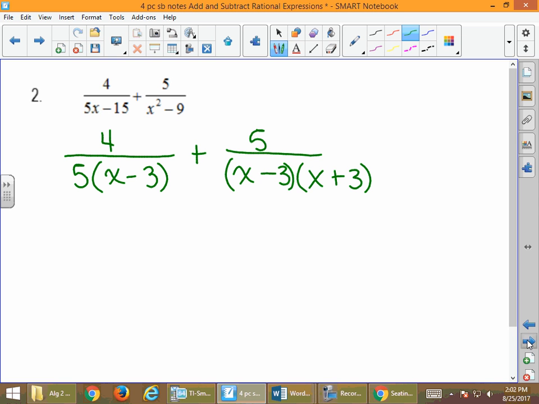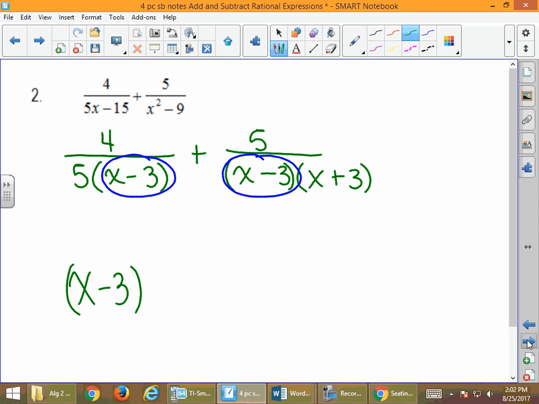Now, when we're trying to find our least common denominator, we look at both denominators and we say, do we have anything that's in both of them? So as you look up here, in both of them we've got an x minus 3. So that's going to be part of our common denominator. Well, in the fraction that's farthest to the left, we have a 5 in there.